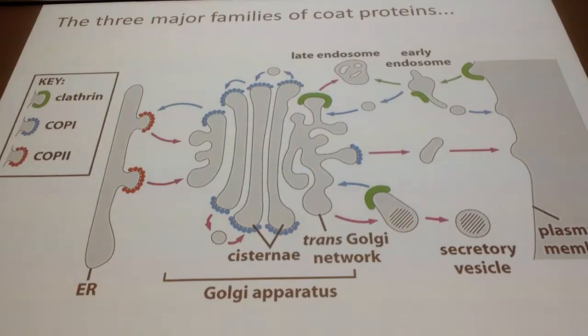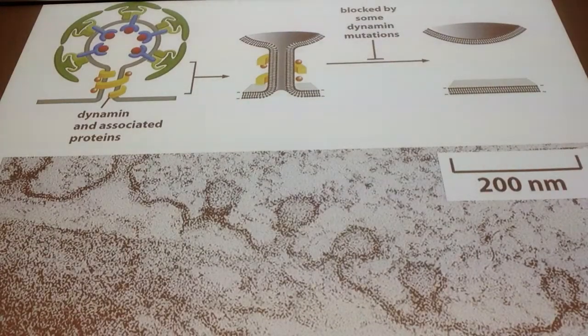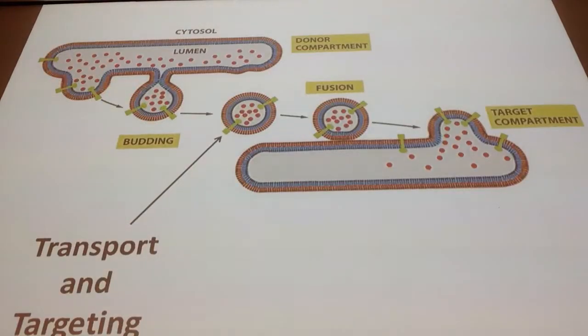Okay? Again, don't try to memorize all of this, just to give you an idea of why all the signatures are important. So that COP1 will never ever bind here and carry out budding because the signatures aren't there. Okay? So dynamin is the thing that causes breaking.